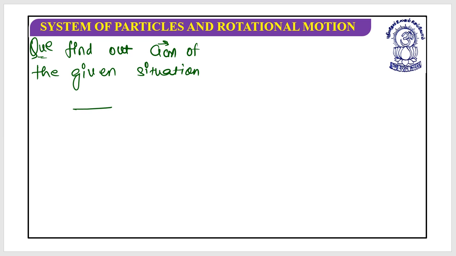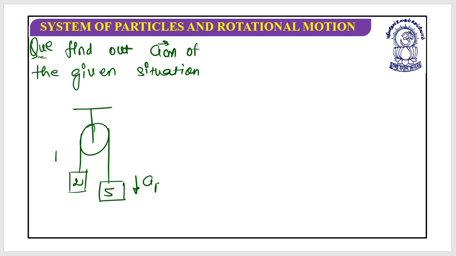So they have given a pulley system, and they have given that this is, let's say, 5 kg. This object is 2 kg. From the diagram I'm clear that this will be moving in this direction. Let's say this is A1, this is A2. What is the ACM of this situation?